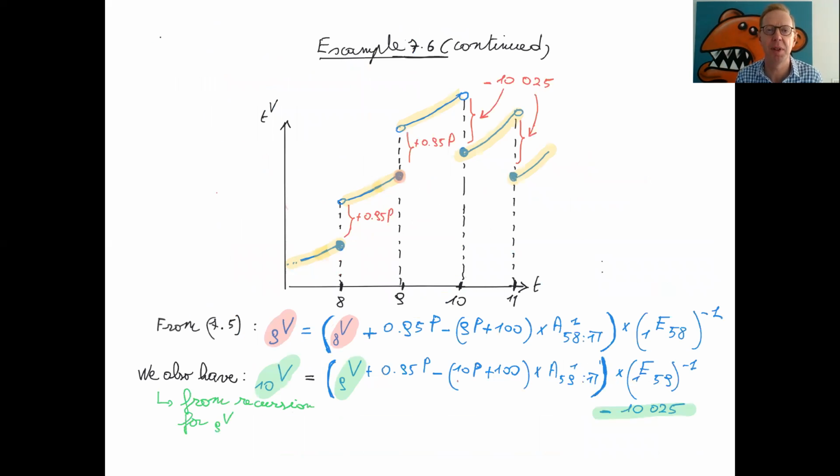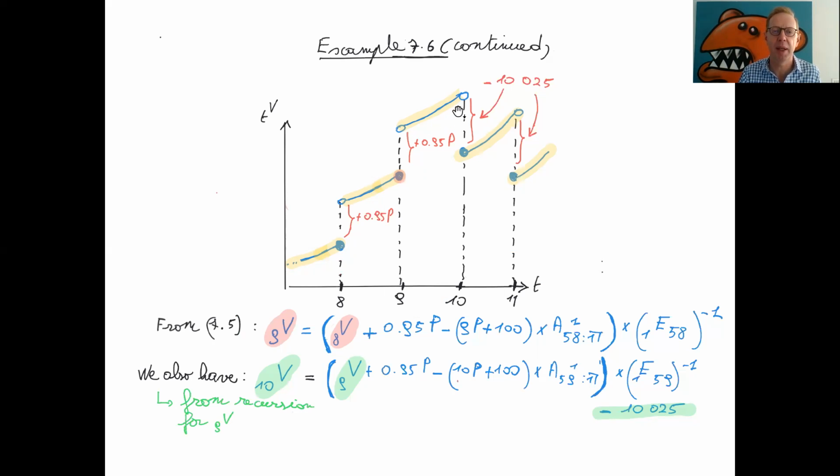In the same example 7.6, let us have a look at what happens now with the policy values, how they move over time as we come closer here to time 10. Well, the policy value at time 9 is given by this value. Then there is a jump upwards just after time 9 because there is a premium P added minus a cost of 5%, so there is 0.95P added.